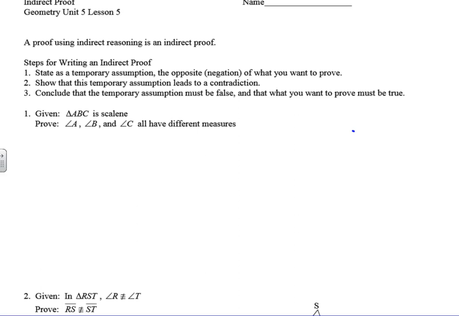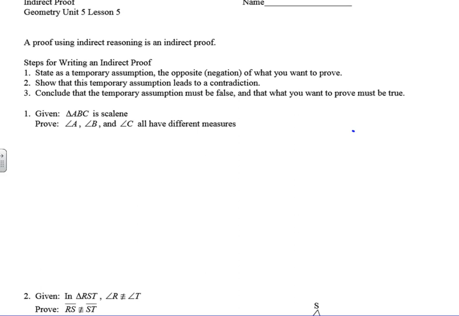Number one, we're going to state as a temporary assumption the opposite or the negation of what you want to prove. And then we're going to show that this temporary assumption leads to a contradiction, and therefore the temporary assumption must be false and what you want must be true.